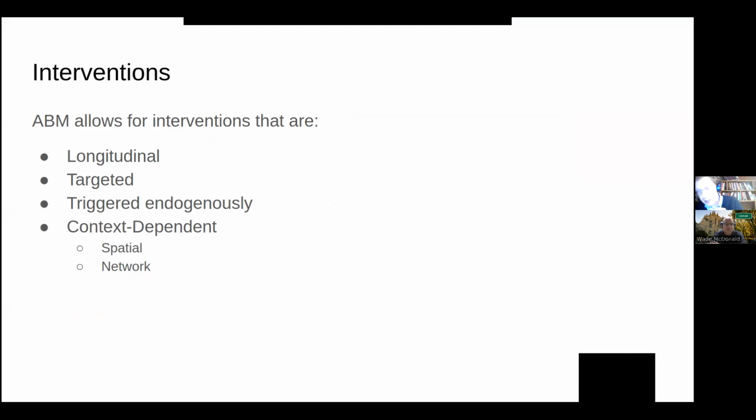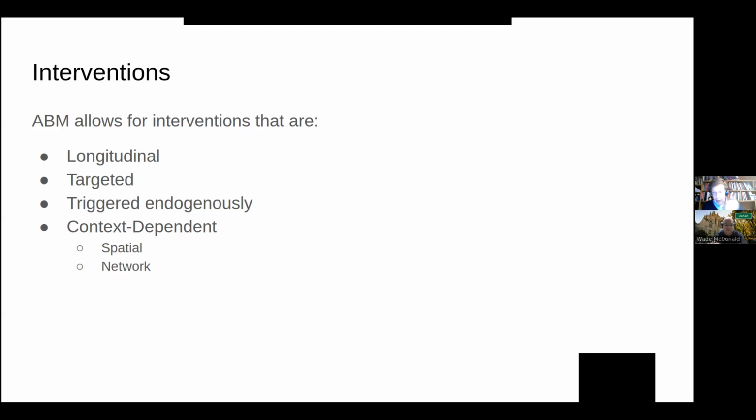One of the most powerful things about ABMs in practice is they can be used to examine the effects of interventions that are longitudinal in character, that depend on, for example, a person's history, so it treats them differently based on their history. They can be very targeted based on heterogeneity, based on geographic or network position, for example, focusing on core groups within STI networks, a key priority in STI prevention.